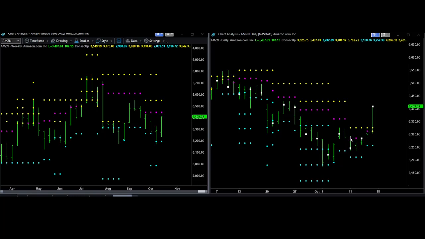The high value of that day stops at this resistance level, and it captures very well.